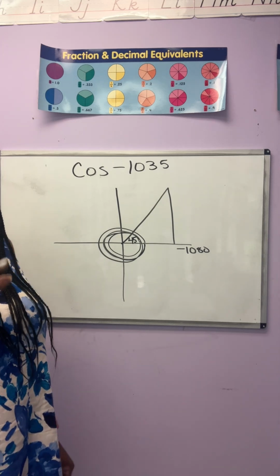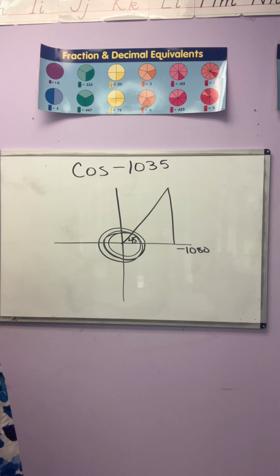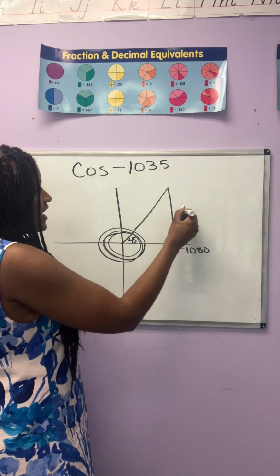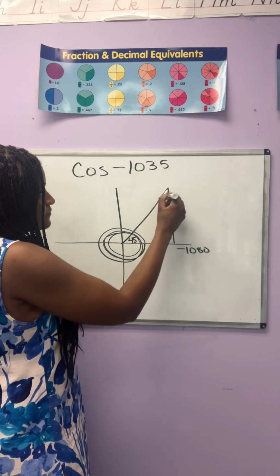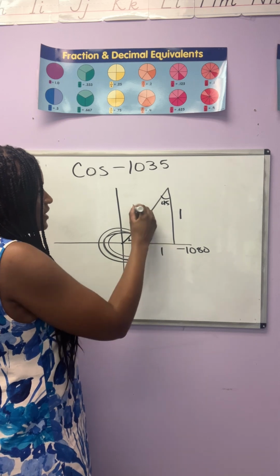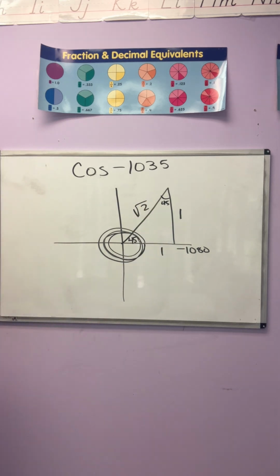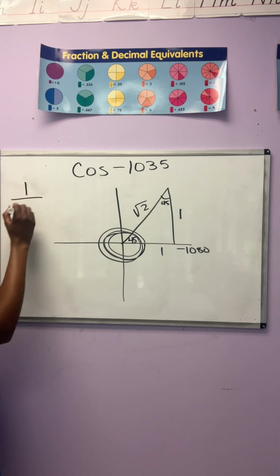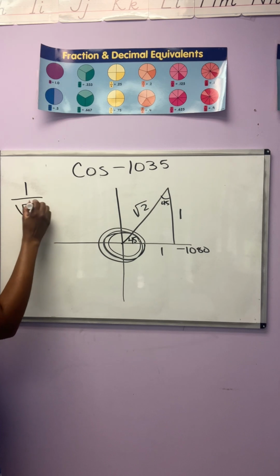Now I just said that everything is positive in the first quadrant, so I'm not even gonna worry about that. It's a 45, 45. We just did that. This is 1. This is also 1, and this is the square root of 2. So cosine is adjacent over hypotenuse. So for a 45-degree angle, adjacent is 1, and hypotenuse is square root of 2.